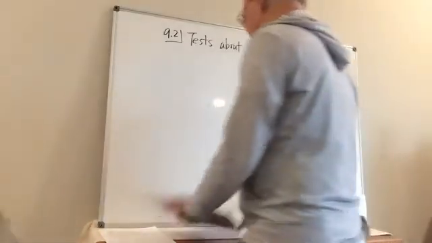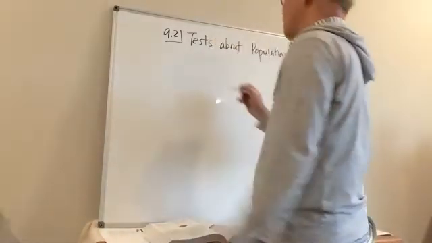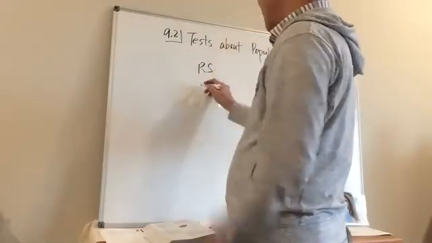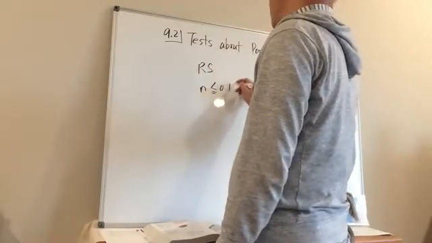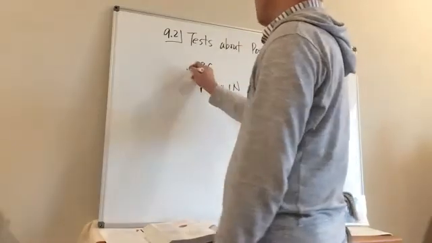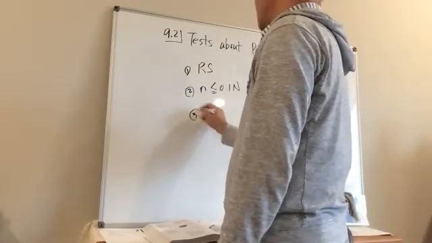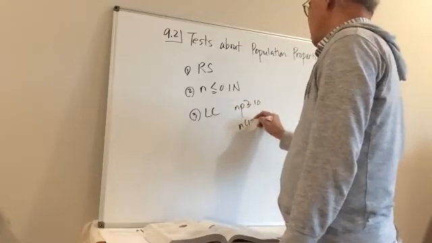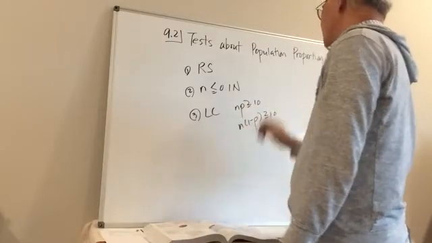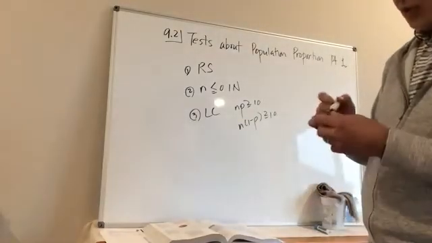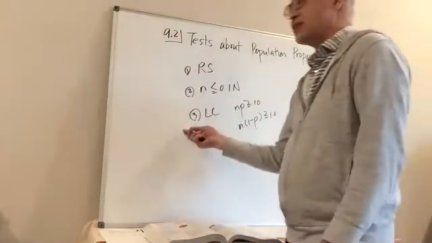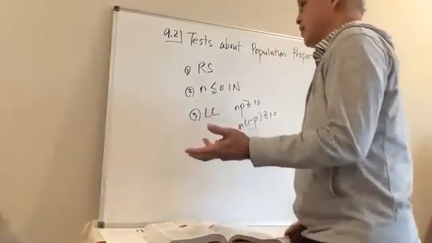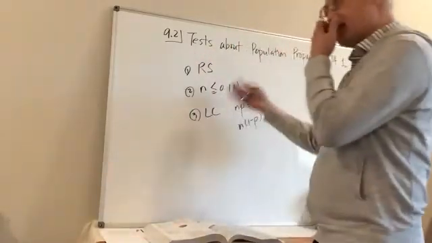Those are our trusted and true friends: random sample, the n cannot be greater than 10%, you cannot oversample, and last but not least, the large counts, np and n(1 minus p). These are the same three conditions that you had to check for confidence intervals. Now, instead of confidence intervals, we're talking about significance testing.